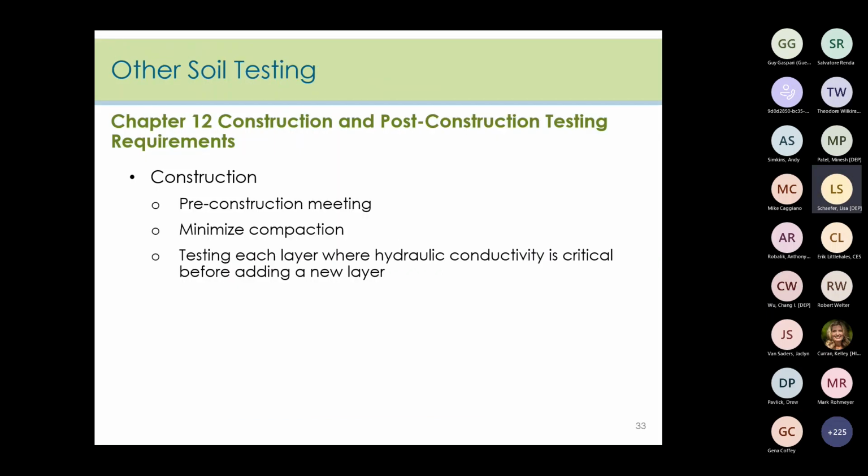All right. So the next part of our presentation covers the construction and post-construction oversight testing requirements. During construction, regular oversight must be provided by the professional engineer to establish that the basin is going to function as designed.